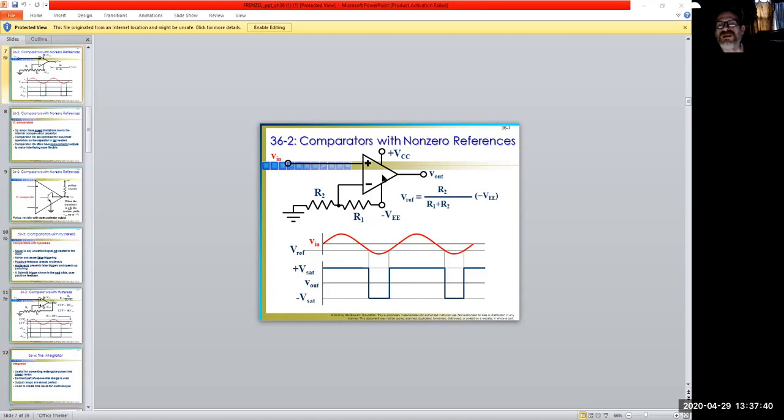So here's a rather simple one, and everything with the comparator always ties back to how you control VCC and VEE. That's why I'm saying we're going to chuck lab 10, because with the simulator, I have no way to apply these pins. That's one drawback or inefficiency.